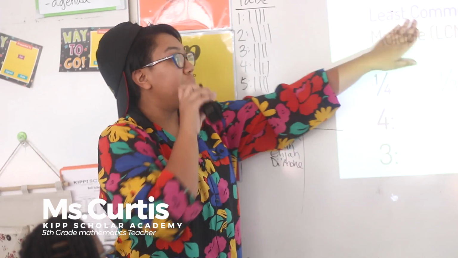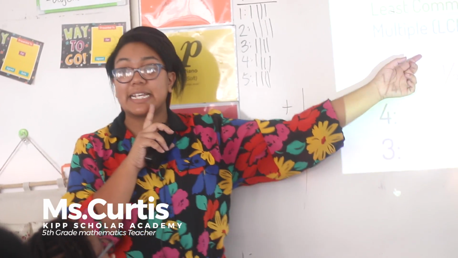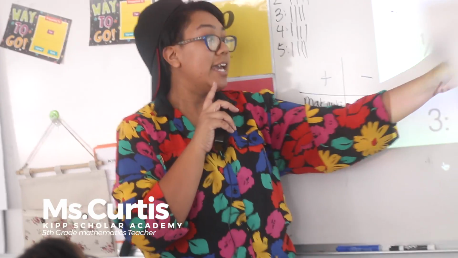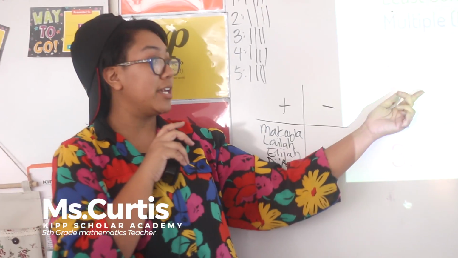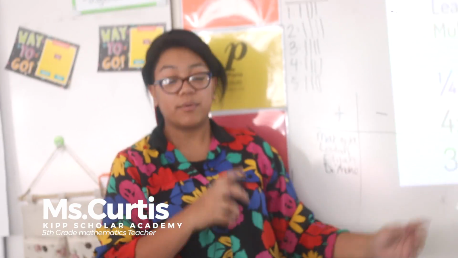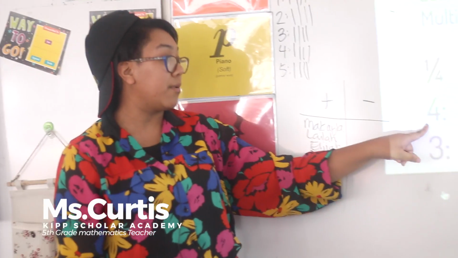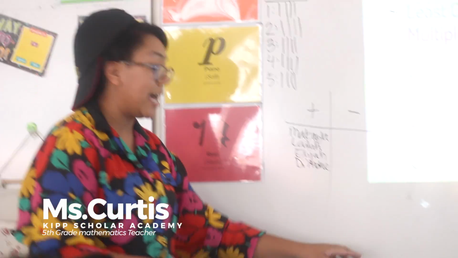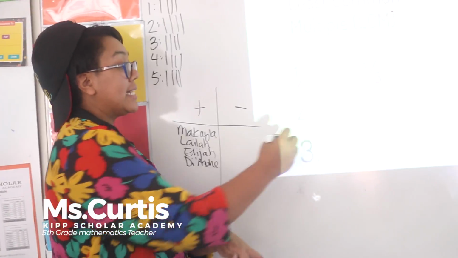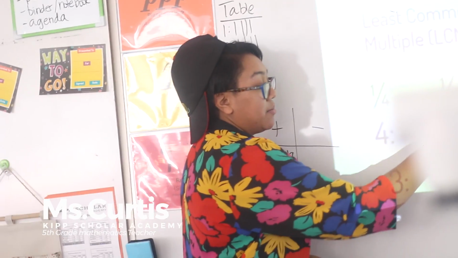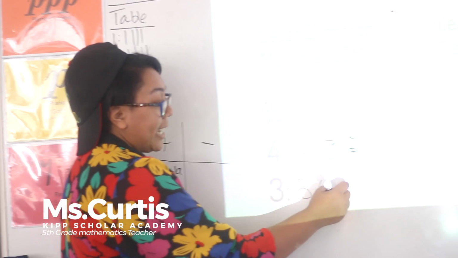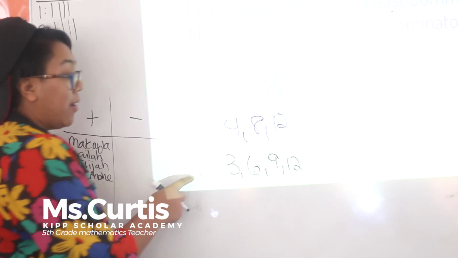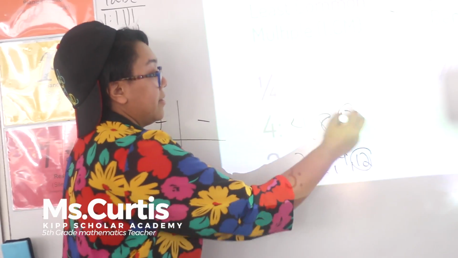All right, so we have 2 terms. We have the least common multiple, Tamaje. And so that is where we use whole numbers. We find the whole number 4, the whole number 3, and we find that first number, Kasai, that they have in common. So like you guys have been doing, you've been listing out your multiples, and you guys found out that the least common multiple of 4 and 3 would be 12.